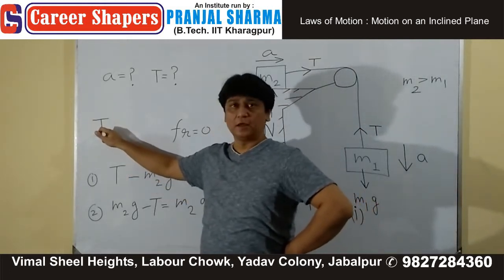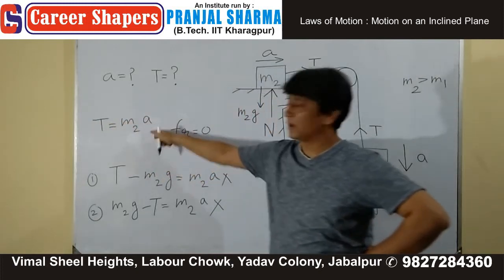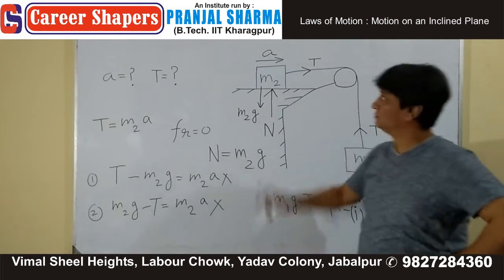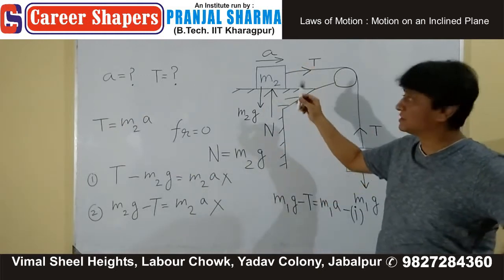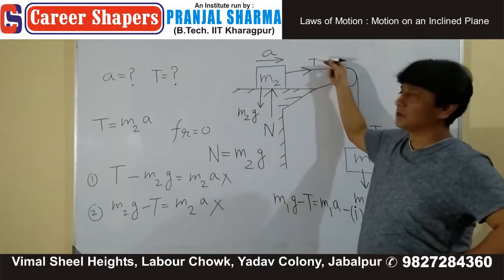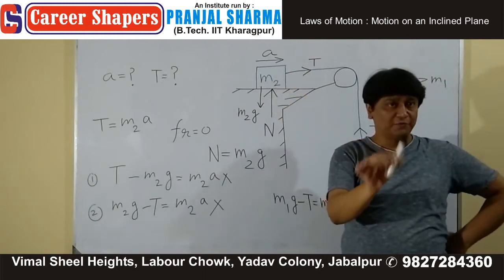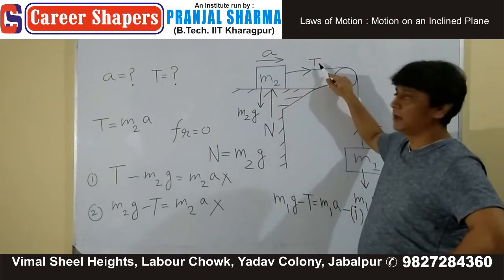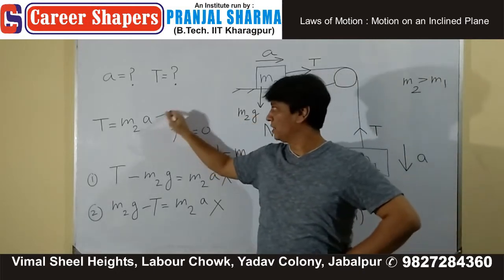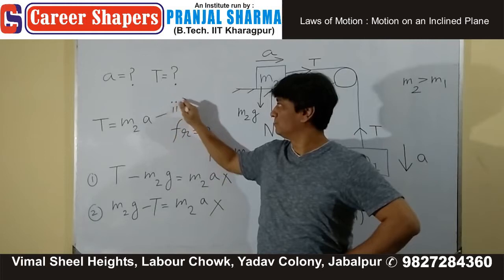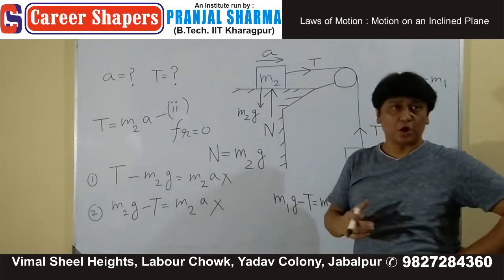T, which is producing an acceleration of a in m2. इस m2 का movement किस तरफ है? In the horizontal direction. Horizontally कौन सा force काम कर रहा है? T. And therefore you write T equals to m2a, which gives you second equation.